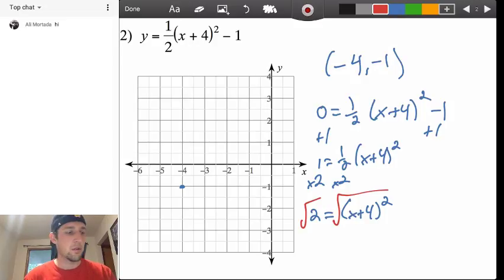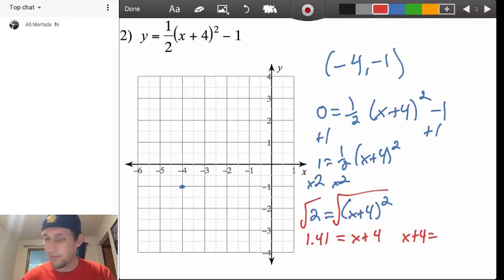So square root of 2, if my iPhone calculator would work well here, that would be awesome. Square root 2, 1.41. I feel like I should have that memorized by now. So I get 1.41. Yeah, I'll switch to red. That's fine. 1.41 equals x plus 4, and x plus 4 equals -1.41.